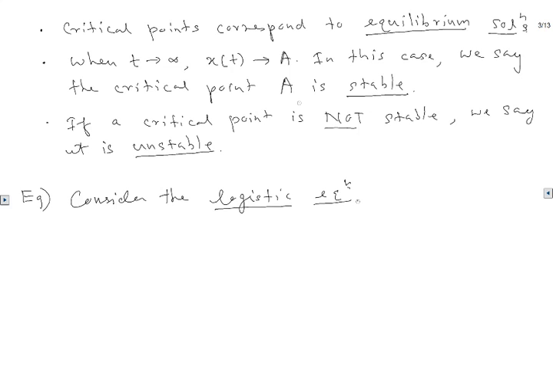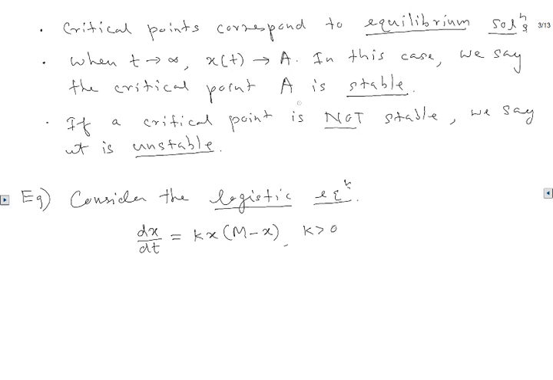It is given by dx over dt equals a constant k, which we assume is positive, times x times (M minus x). M is the maximum value.